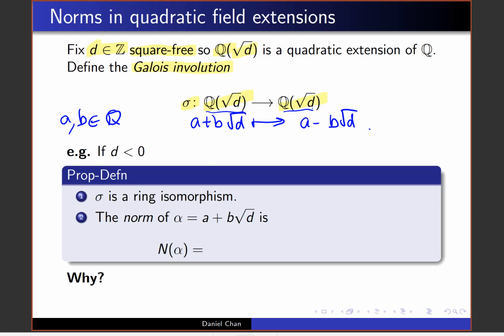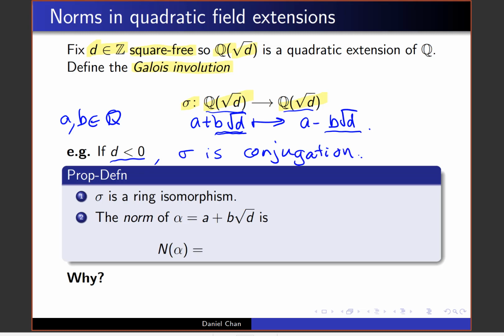So let's look at a very simple example of this. That occurs when d is less than 0. When d is less than 0, this b root d term is purely imaginary. So basically you send the imaginary part of a plus b root d to its negative. So all you're doing in this case when d is negative is that sigma is just complex conjugation.